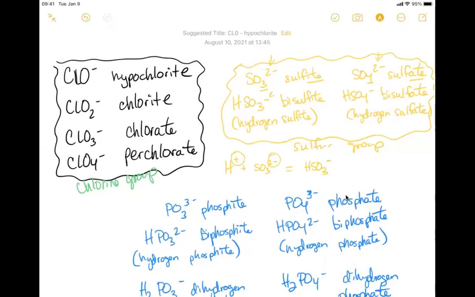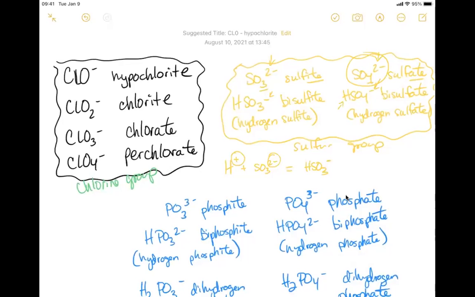So that's what you see here with bisulfite. There's two names when you add hydrogen. You can either call it bisulfite or you can say hydrogen sulfite. It's totally up to you. They're both acceptable. And the same thing happens with sulfate. When you add hydrogen, the charge increases by 1 because we're going from -2 to -1. That's an increase of +1.